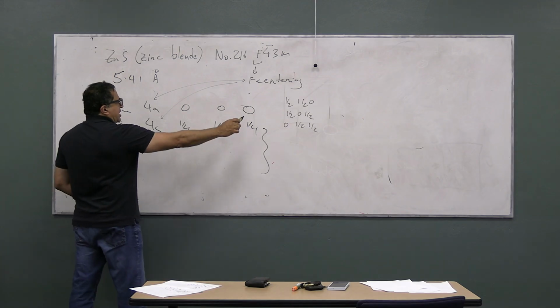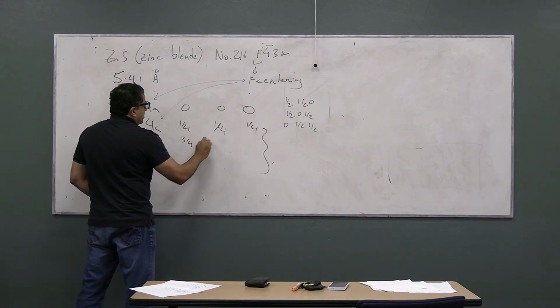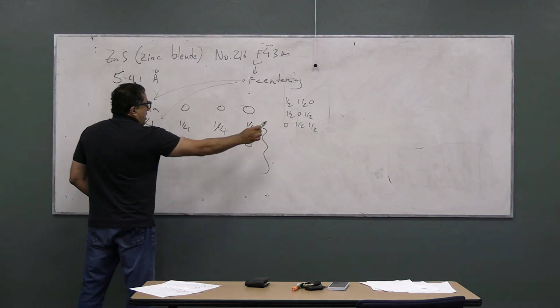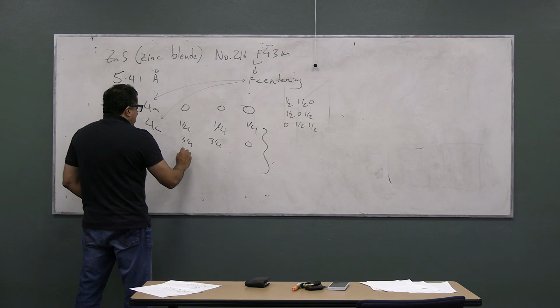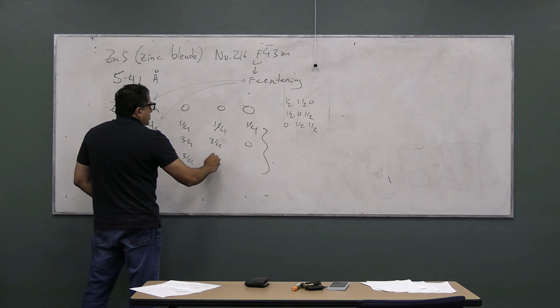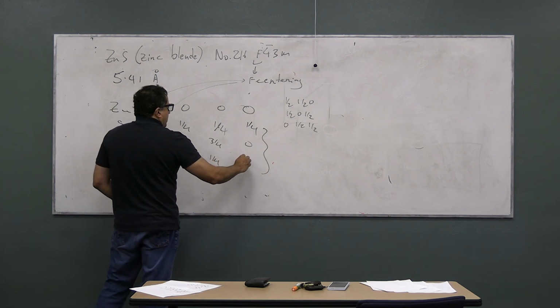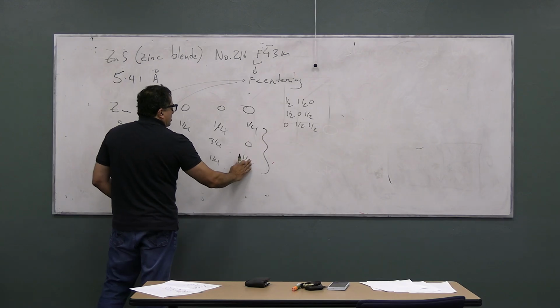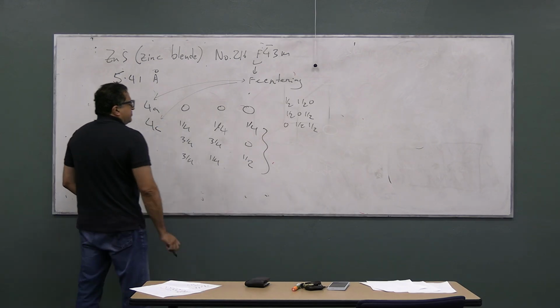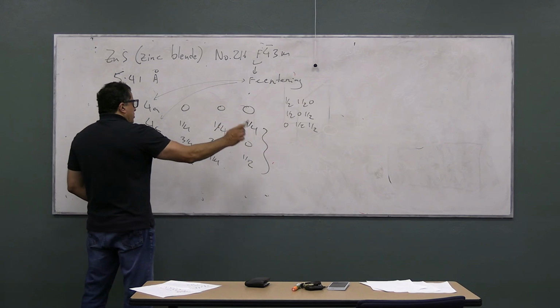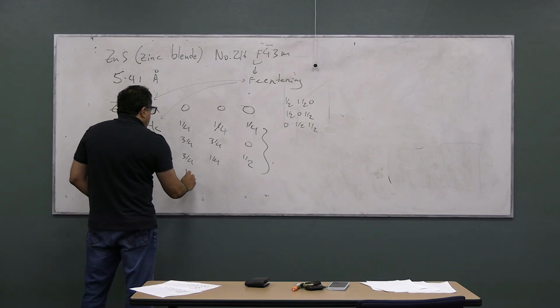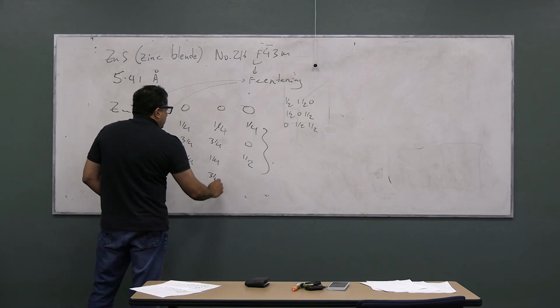So half, 0, 0 will become 3/4, 1/4, 1/4, and then 0, half, half becomes 1/4, 3/4, 1/4.